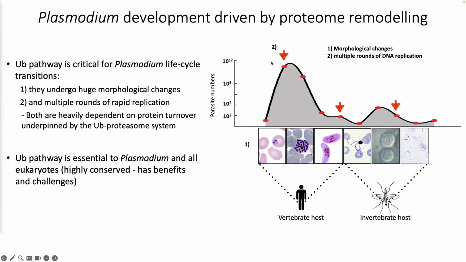And both of these are heavily dependent on protein turnover, and that is, of course, underpinned by the ubiquitin proteasome system. It's a pathway that's essential in Plasmodium and, in fact, in all eukaryotic organisms, and it's highly conserved as a result. And this has a number of benefits, but also presents challenges when it comes to drug discovery.